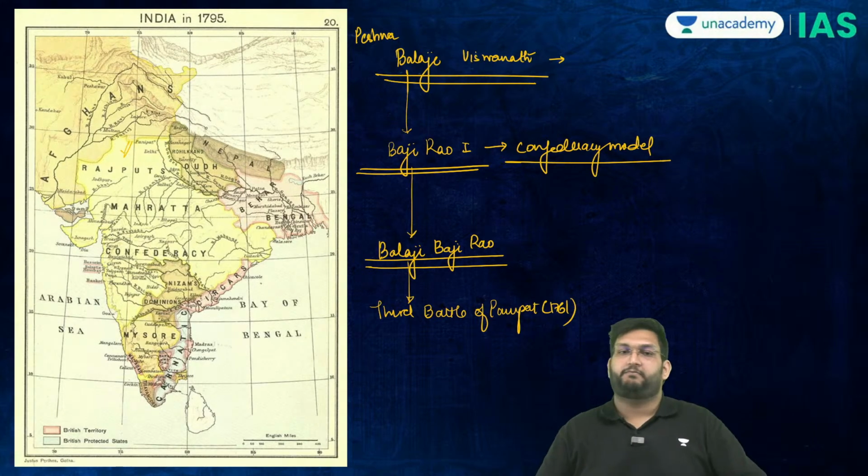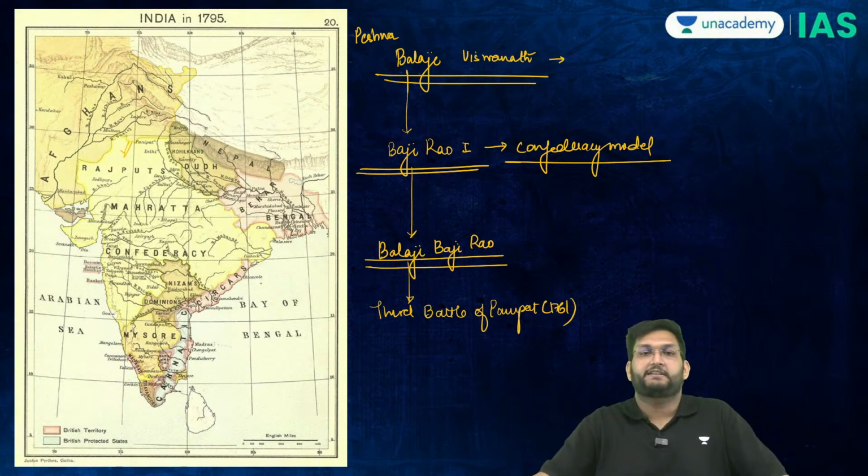In the Third Battle of Panipat, Balaji Bajirao sends his son Vishwas Rao, and a very important personality considered to be the next Peshwa if Vishwas Rao was not there, Sadashiva Rao Bhau. Both of them command an army against Abdali.